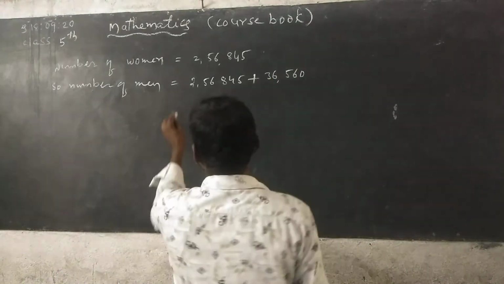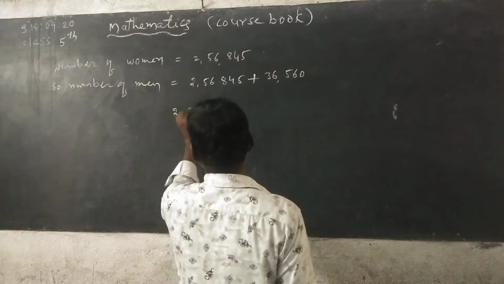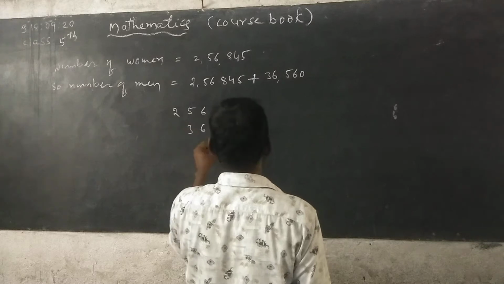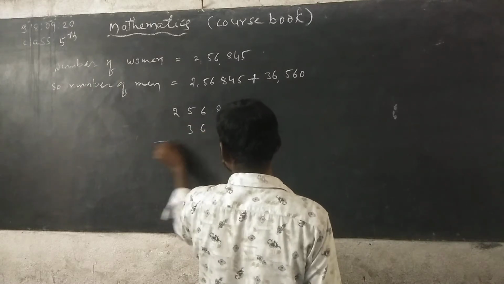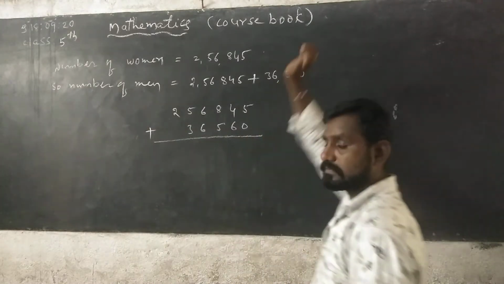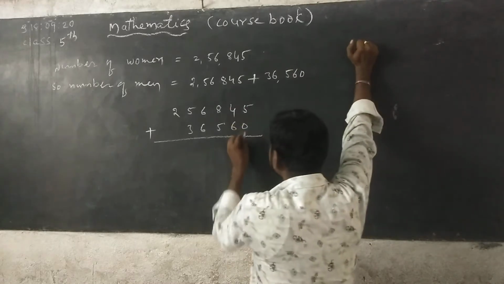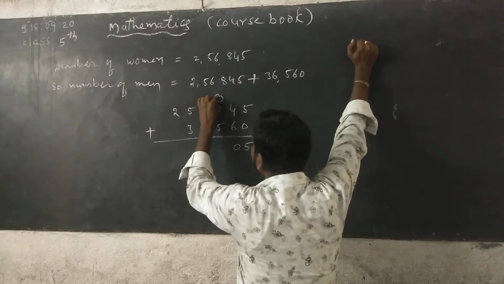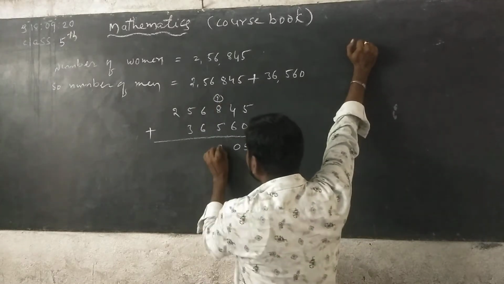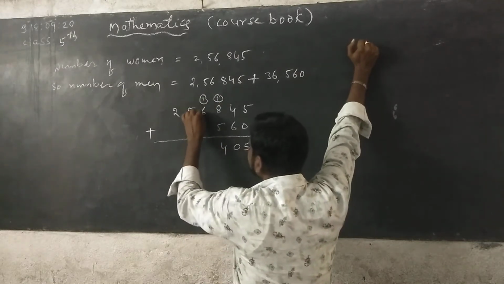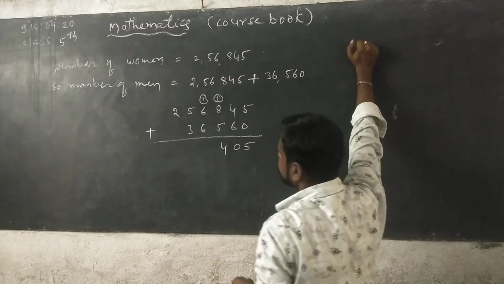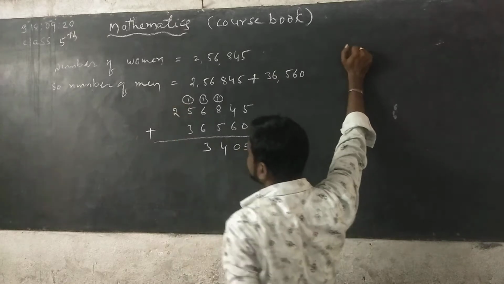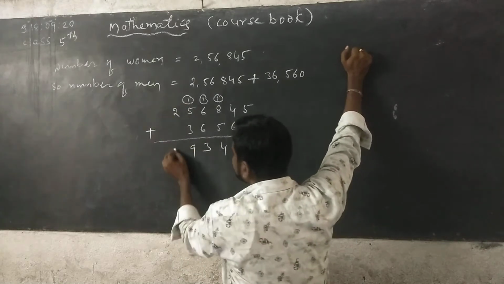See here, 2,56,845 plus 36,560. 5 plus 0, 5. 4 plus 6, 10, 0 taking, 1 carrying. 1 plus 8, 9, 9 plus 5, 14, 4 taking, 1 carrying. 1 plus 6, 7, 7 plus 6, 13, 3 taking, 1 carrying. 1 plus 5, 6, 6 plus 3, 9, 2.